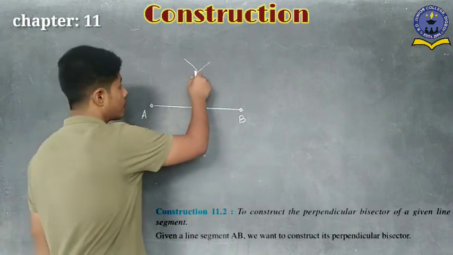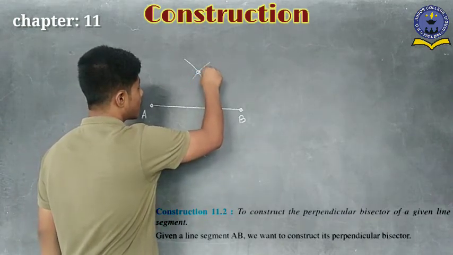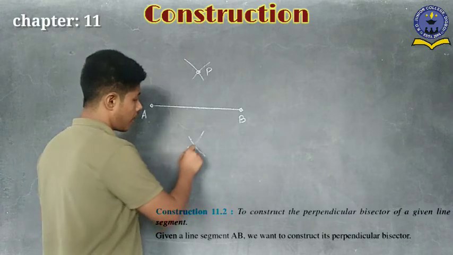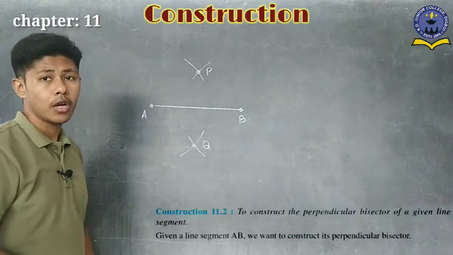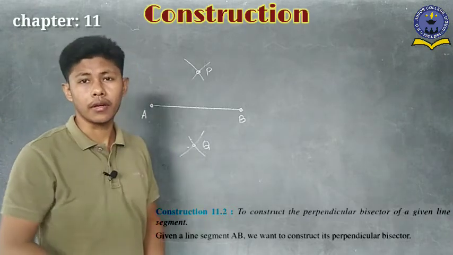Suppose we denote the intersecting points of the arcs as P and Q. Now we have to join P and Q. Is it clear?